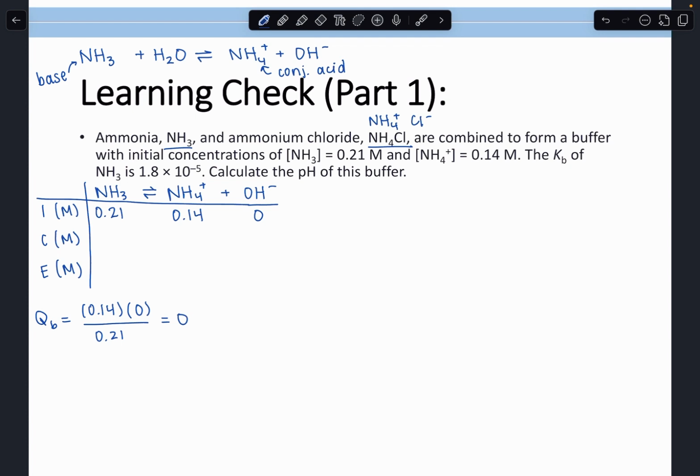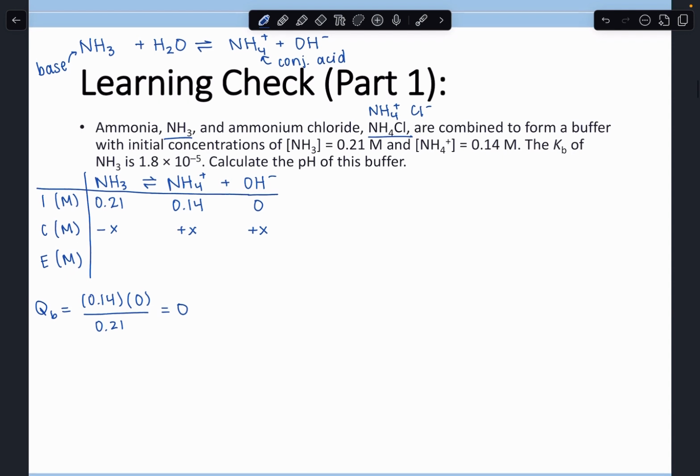That is less than K, so the reaction proceeds to the right. So we use up some NH3, produce some NH4 plus, and produce some hydroxide. We have the Kb of NH3. So we will use that to find equilibrium amounts.